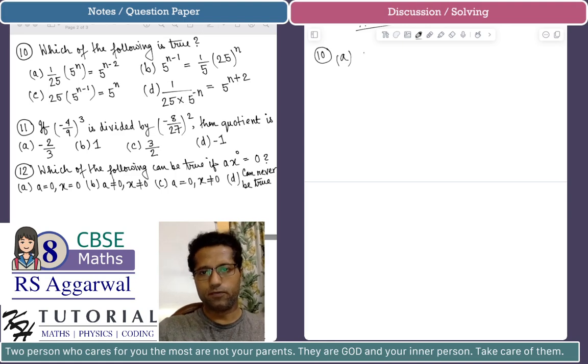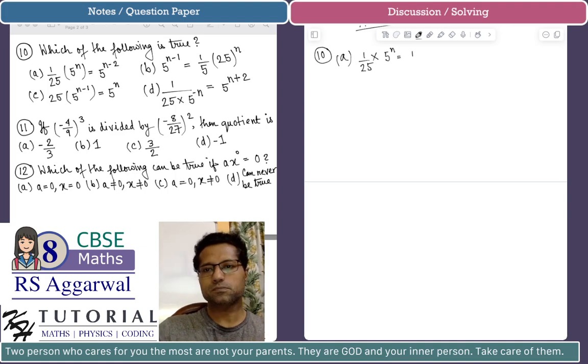So 1 by 25 multiplied by 5 to the power n is equal to what? 1 by 25 is 1 by 5 square. So we have to convert whatever the expression is given into exponential form with the base 5. We have 5 to the power n.